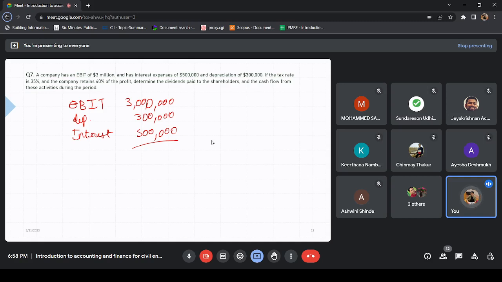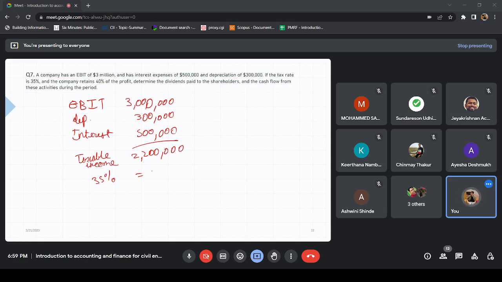Any answer would be good enough. Okay, so let's just do it. That brings your, yeah, this is your taxable income. So tax would be 35% of this. How much is it?